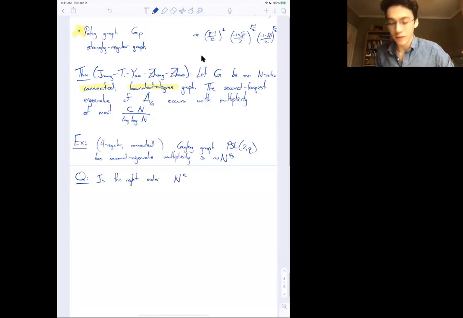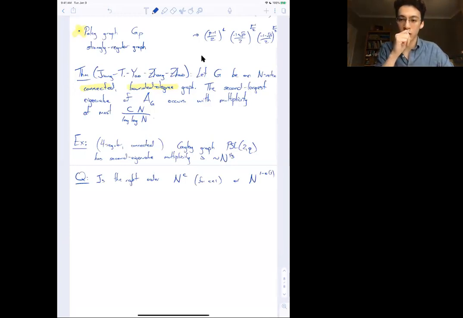Is there some power saving bound, you always get n to the c? Or is some n to the 1 minus little o of 1 the right answer? And this does have some quite interesting implications on equiangular lines, exactly for the reason that Anurag asked about earlier, which is if you can improve this sublinear bound, then what sufficiently large means in our theorem statement gets improved, potentially to a very interesting regime.